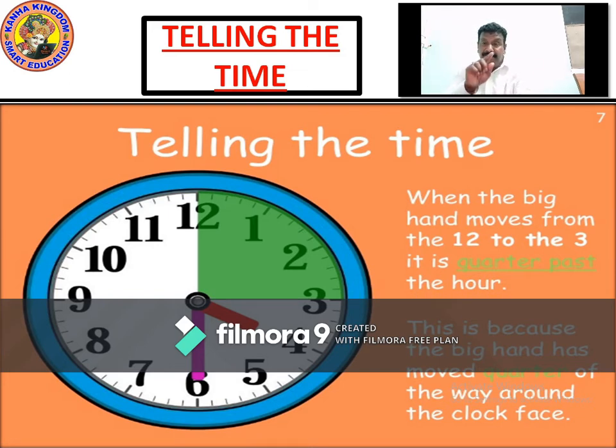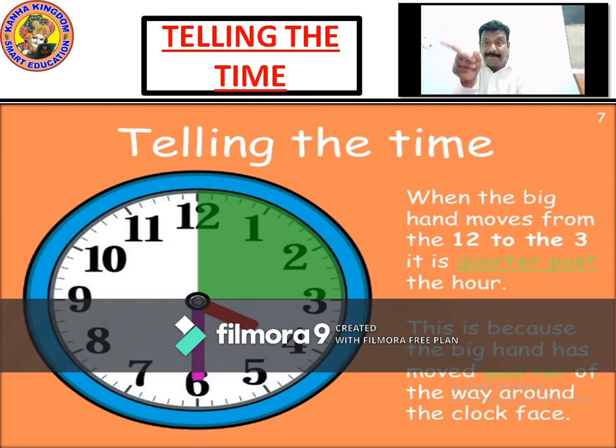So now, when the big hand moves from 12 to 3, it is quarter past. It is called as what? It is called quarter past. Quarter past means 15 minutes has already passed. 1, 2, 3. 3 5s are 15. So the first quarter has 15 minutes. So when the big hand crosses 1, 2, 3, then it is what?